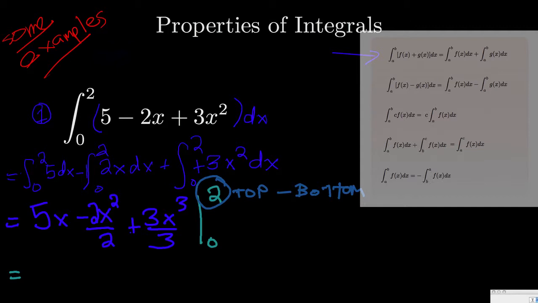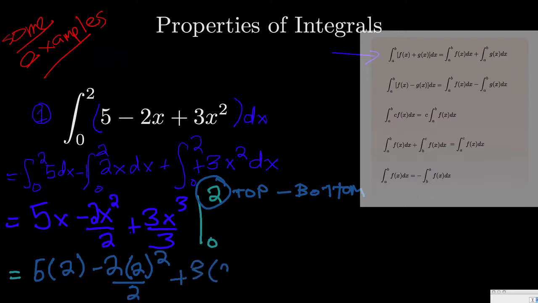So you plug in 2, plus 3 times 2 cubed over 3. And then minus, you plug in 0 into everything.